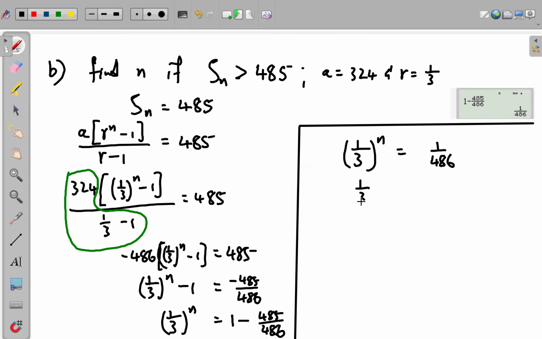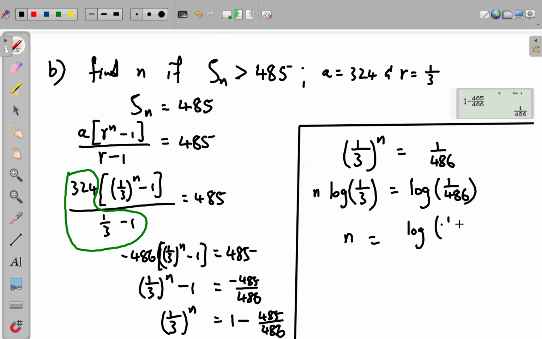1 over 3 to the n, I want to apply logs right away, right? N log 1 over 3 is equal to log 1 over 486. Which means n is equal to log 1 over 486 divided by log 1 over 3.